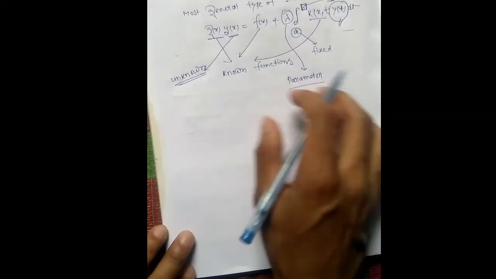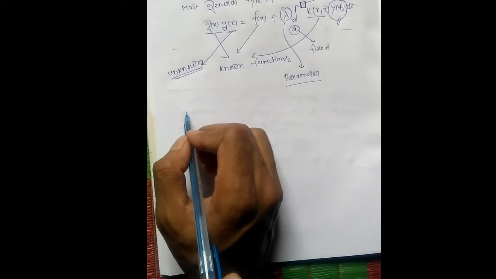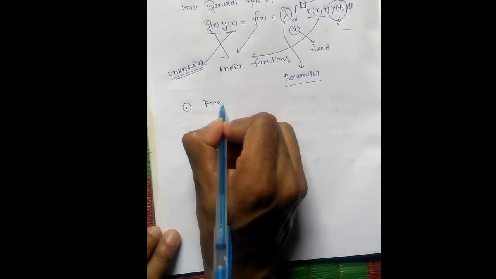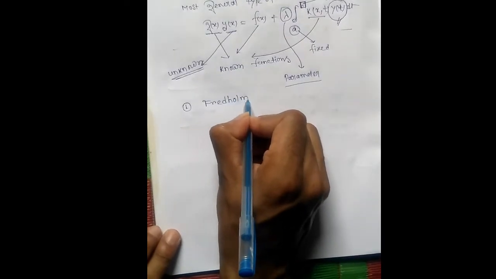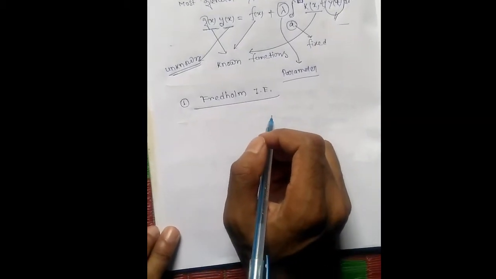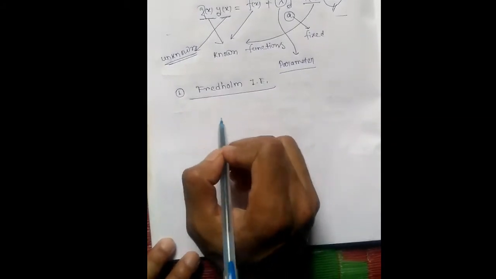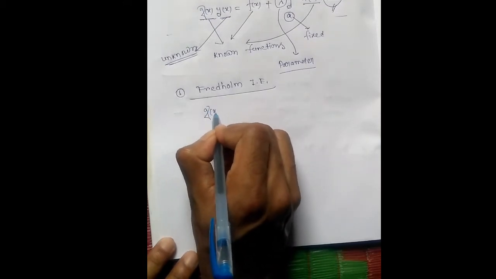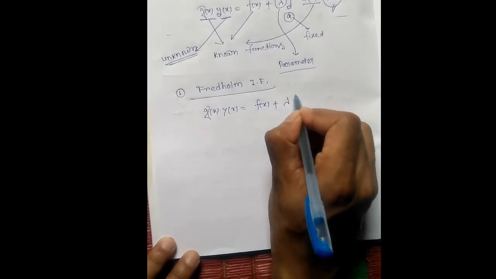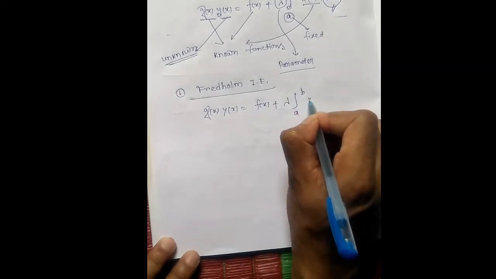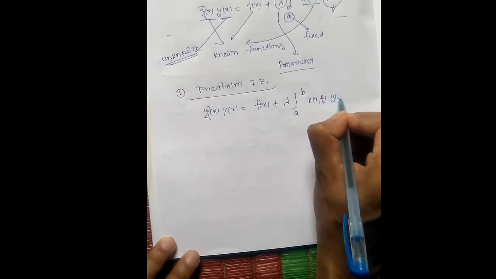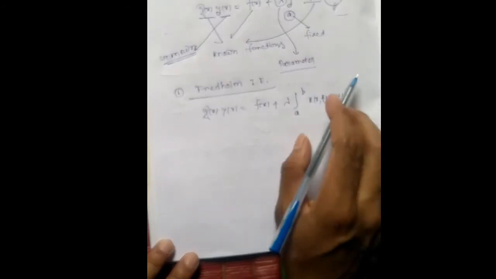Now there are two types of integral equations. First of all, the Fredholm integral equation, and its form is similarly f(x) plus lambda integration over a to b K(x,t) y(t) dt.